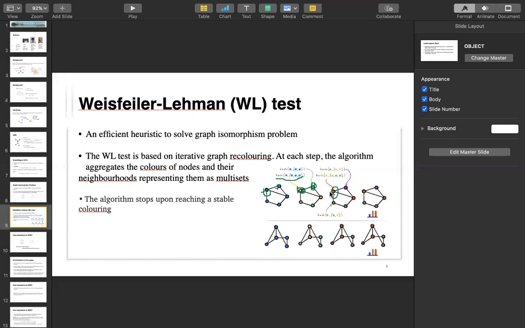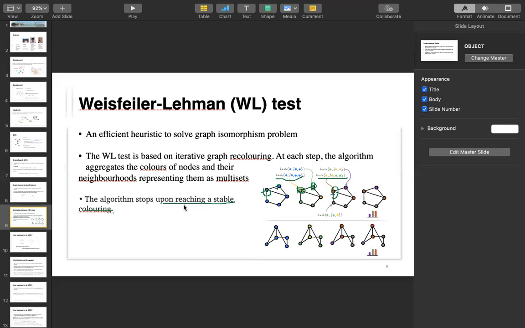So we can see that the structure becomes more and more different, and in this way we iteratively do this process until reaching a stable coloring. This is the method of this WL test.